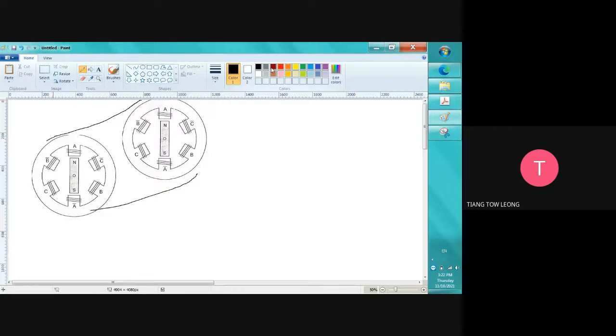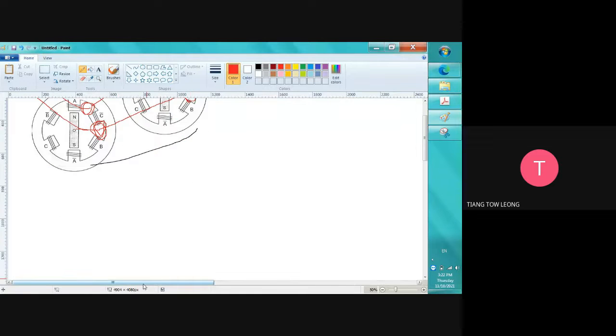Then we wind the red one. So 1 layer means all these slots are occupied by 1 winding, which goes through here, goes to the back, and then comes out, then comes out again. It fills all the winding slots, and then we give 2 windings. This is called 1 layer.